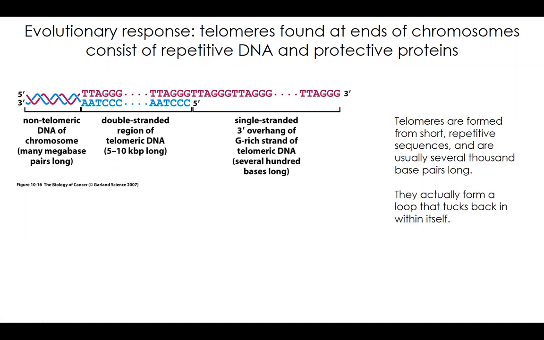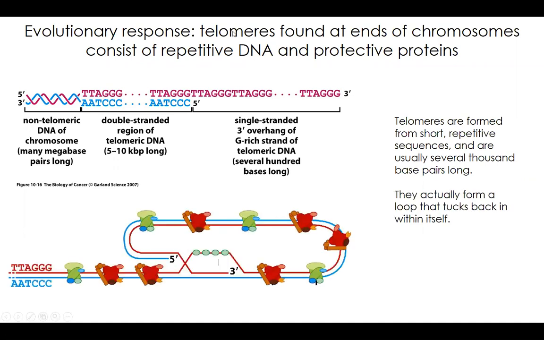So these telomeres, this is straightened out, they actually loop back. And all these blobs, these are protective proteins. You don't need to know. I've blocked out the names of them so you don't even have to worry about it. So just focus on the structure. Notice this red part here. This is that overhang.